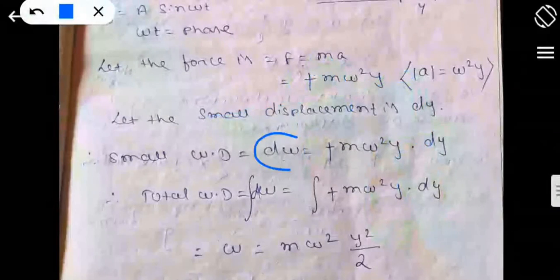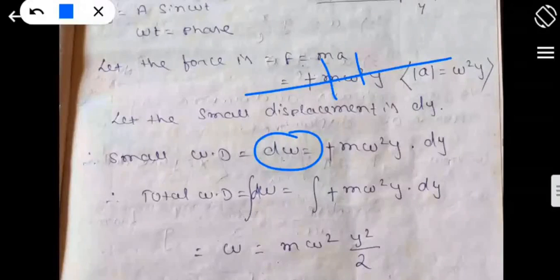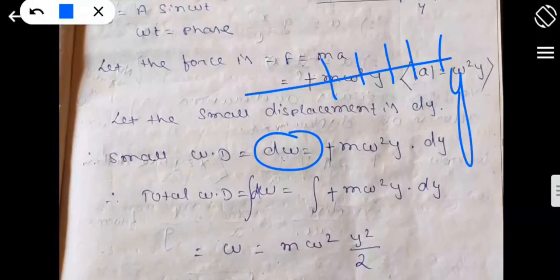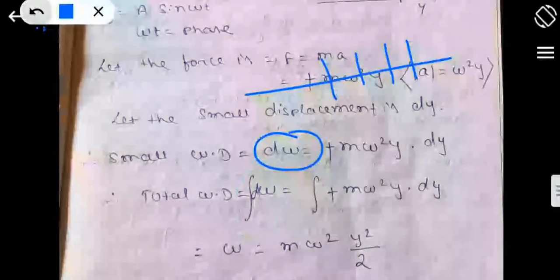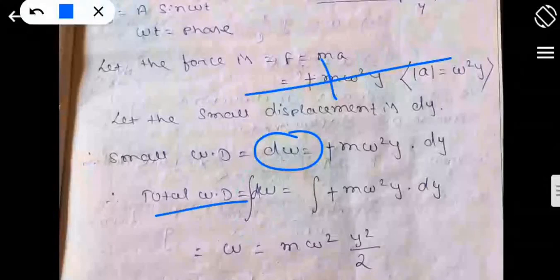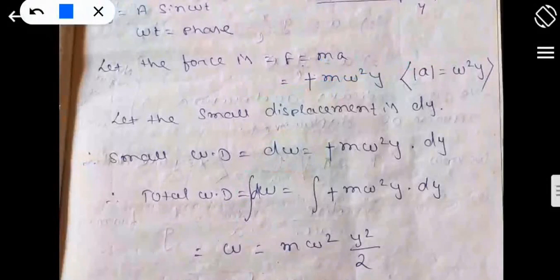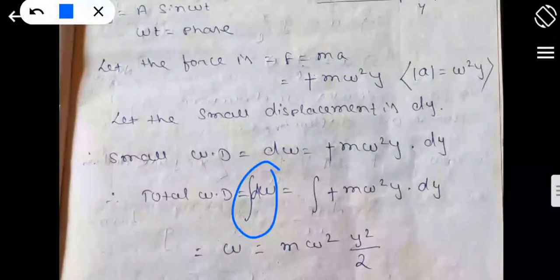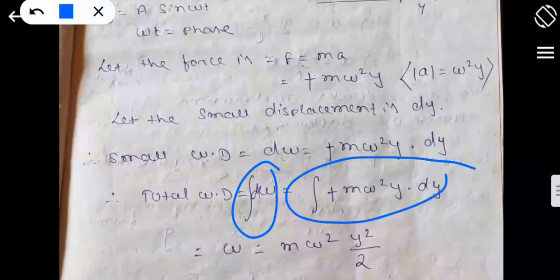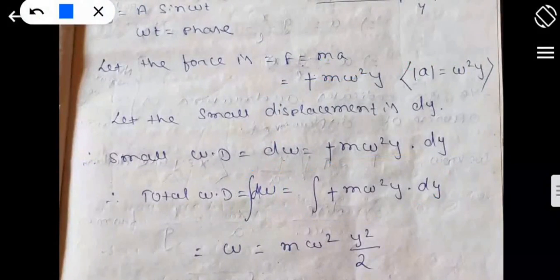By doing small work, small displacements dy, like this, we will reach y. So the total work done is found by integrating both sides. Integration of dw is equal to integration of m omega square y into dy, because a small quantity is present and we have to calculate for the bigger one.